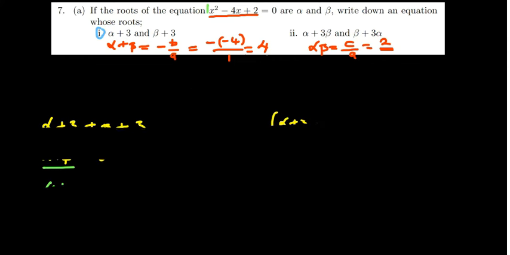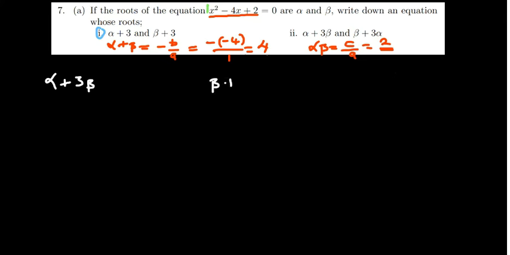For part 2 as well, we'll do the same. Now for part 2, we have alpha plus 3 beta, and then beta plus 3 alpha, sorry. So we also add: alpha plus 3 beta, plus beta plus 3 alpha.